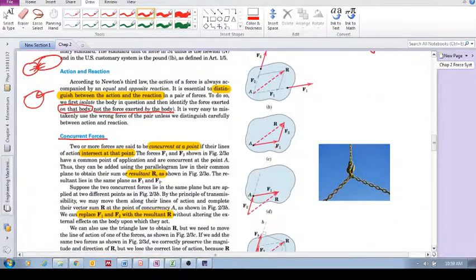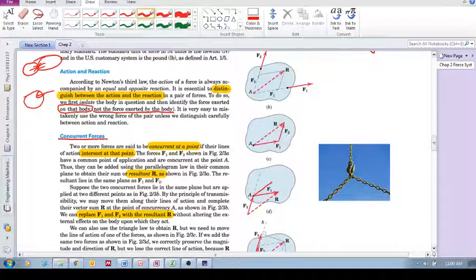Now, how should you not add head to tail? Well, you should not do it this way. You've got that F2, and we apply the head over here at F2, at A, and the tail of F1. So you are using the head-to-tail method, and you are getting R. This vector sum R is in the same direction and has the same magnitude as this one, but you can see that its line of action is wrong.